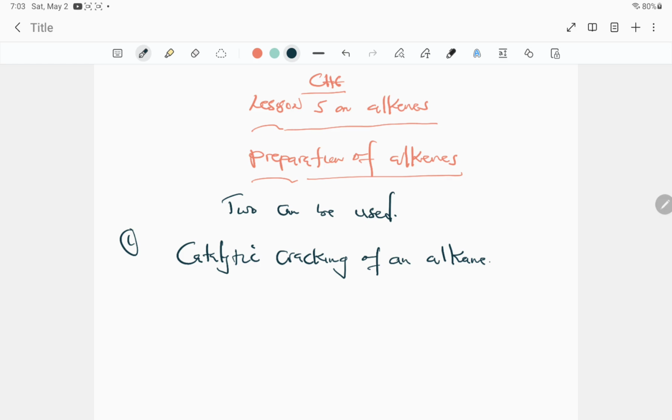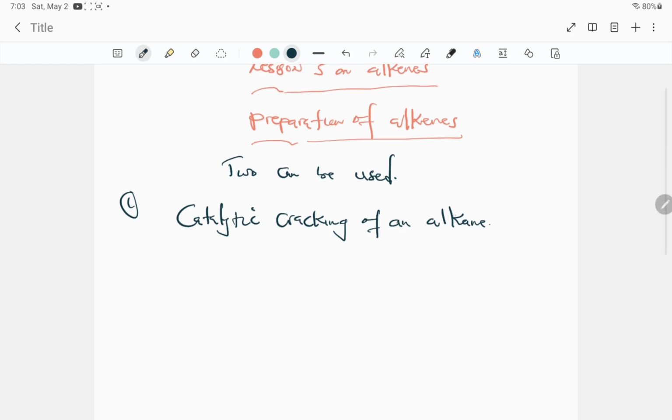You have two types of cracking, catalytic and thermal cracking. Once you are saying catalytic, you're using a catalyst, which will help us to break an alkane to form an alkene.